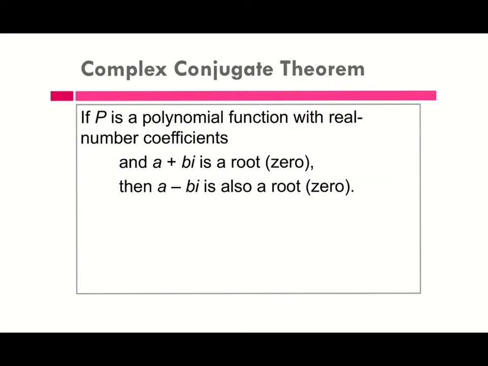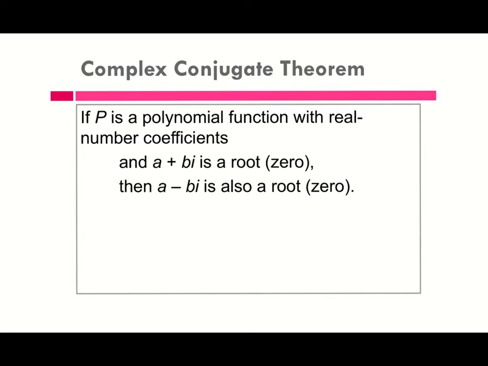Now, before getting into some examples, there's one more theorem that we're going to look at, and that's the complex conjugate theorem. What this states is, if p is a polynomial function with real number coefficients, and a plus bi is a root, a zero of our function, then a minus bi is also a root or a zero. We talked about complex conjugates, and we used those to rationalize our denominator.